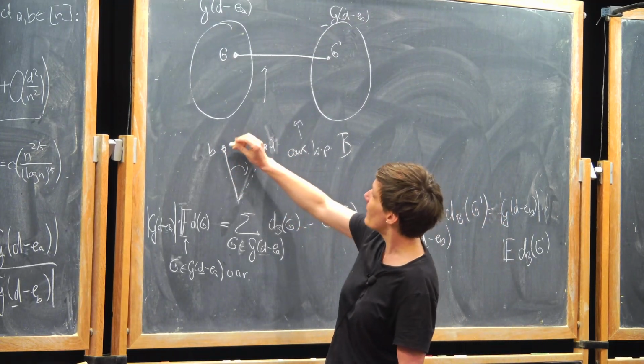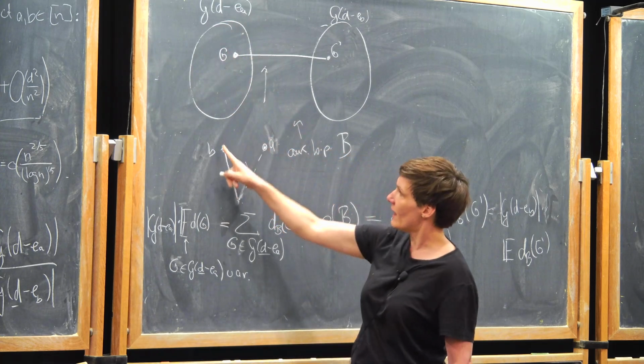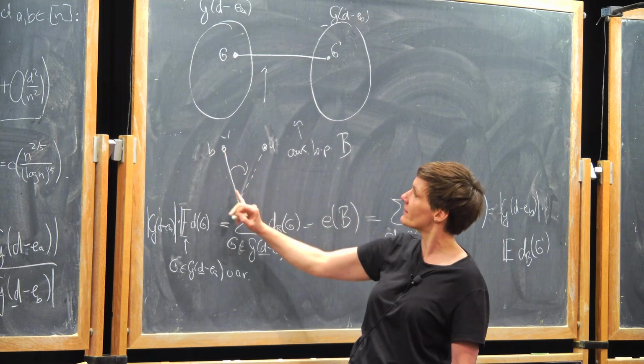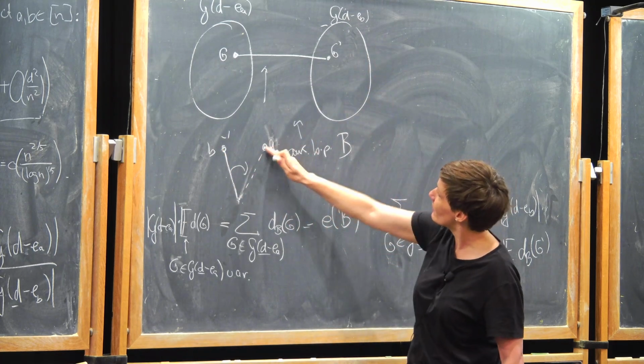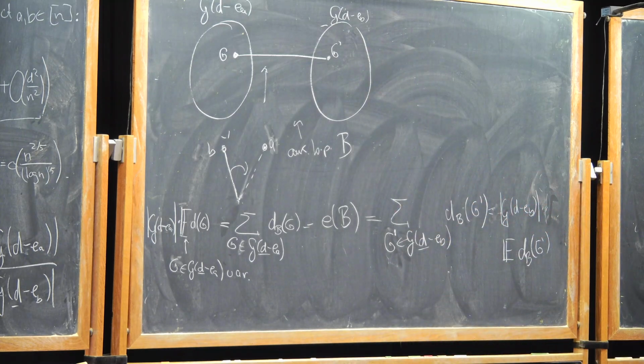Yes, so I pick a graph with degree sequence D minus EA. I remove one degree count from vertex B, I move it to A, and I add 1 to A. So I get a graph that lands in this world. Okay, so let's pick a graph in G of D minus EA.